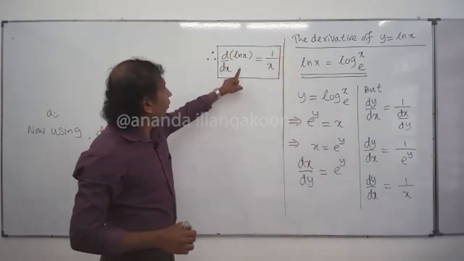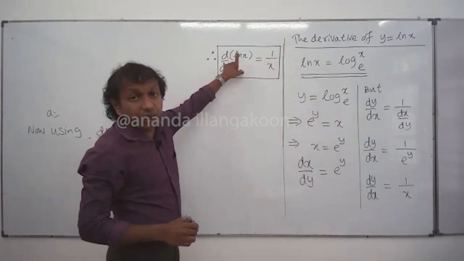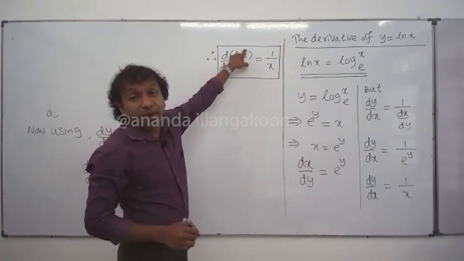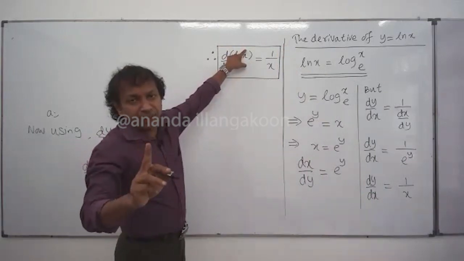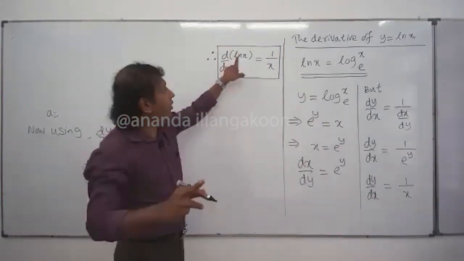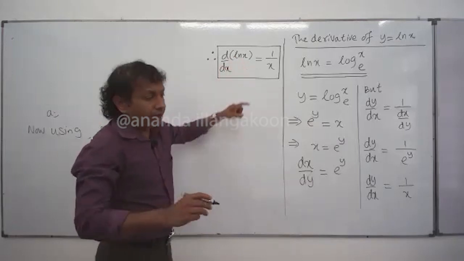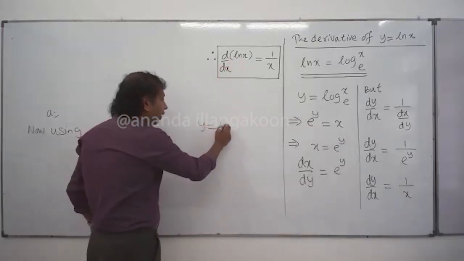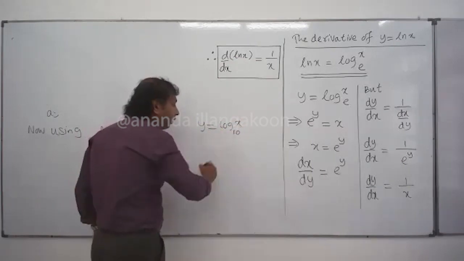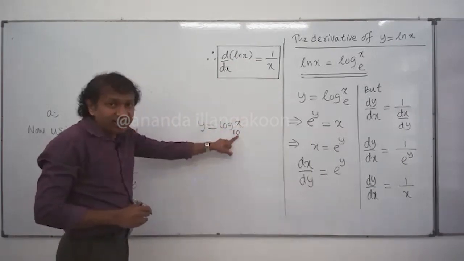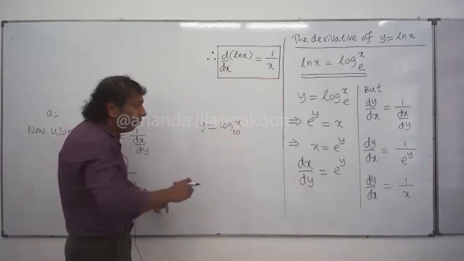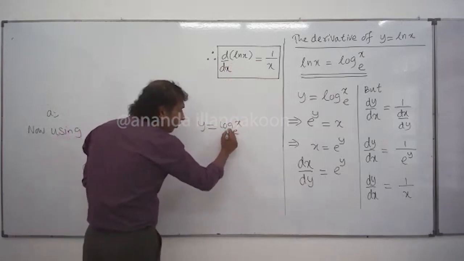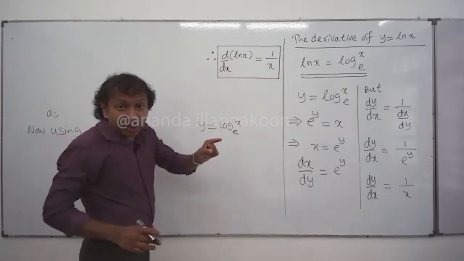That means when we differentiate log x, the base should be e. When log x has the base e only, we write that as ln x. Now people suppose something like this, y equals log x to the base 10. When the base 10 is there, you can't differentiate like this as 1 upon x. Here you should have the base e, the e in the exponential function.